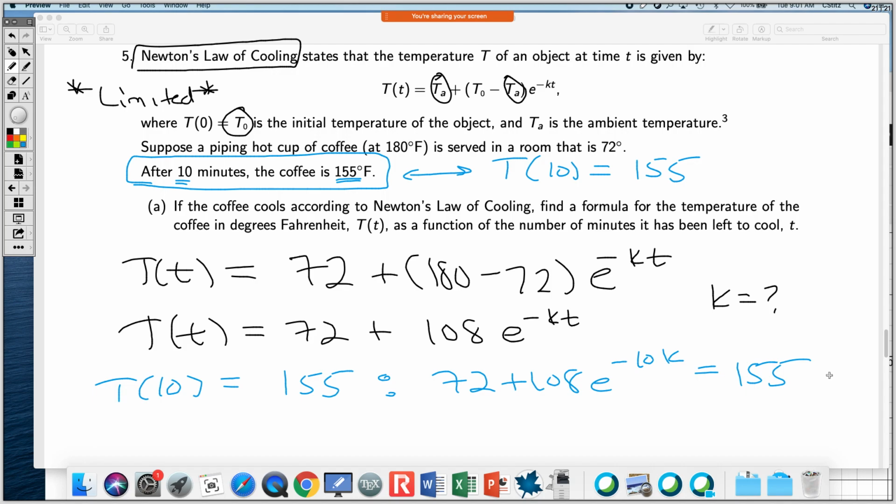So let's take a minute to make sure we're all good with where that equation comes from.